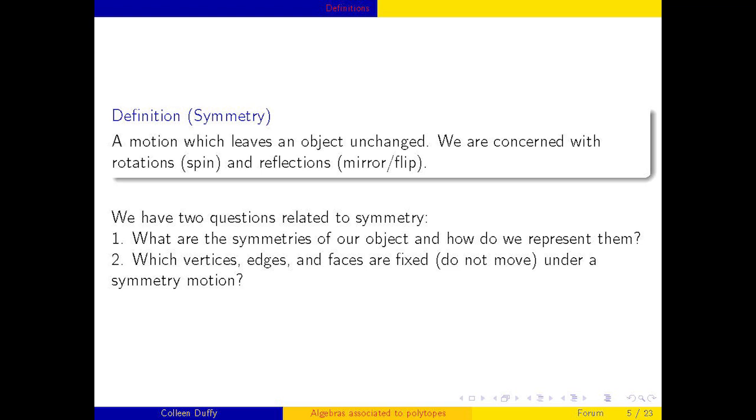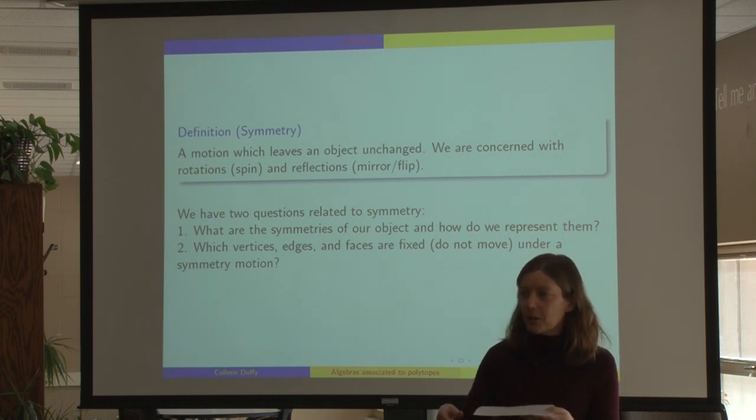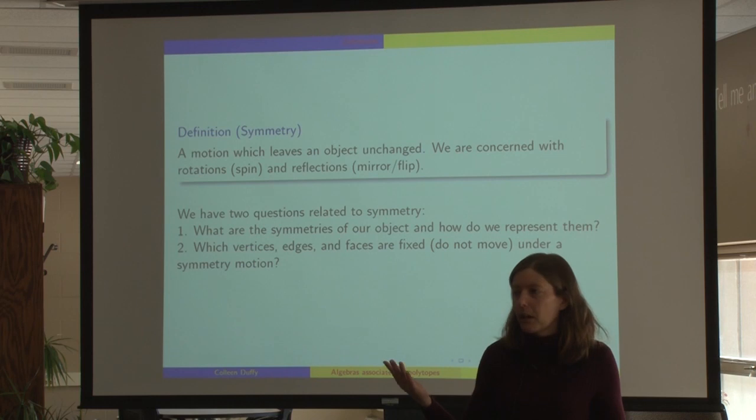And then the other question, the one we're really concerned about, is what stays the same under this motion. If I take my paper here and spin it around, then the top of the paper and the bottom of the paper are still the top and the bottom. So those are fixed under the spinning motion.